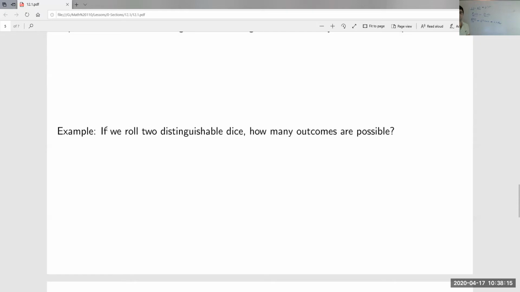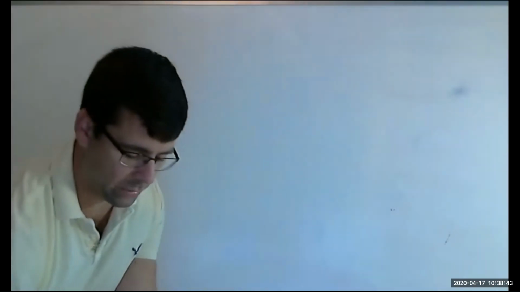So how about this one? If we roll 2 distinguishable dice, how many outcomes are possible? So we've got 2 dice. How many outcomes can you have?